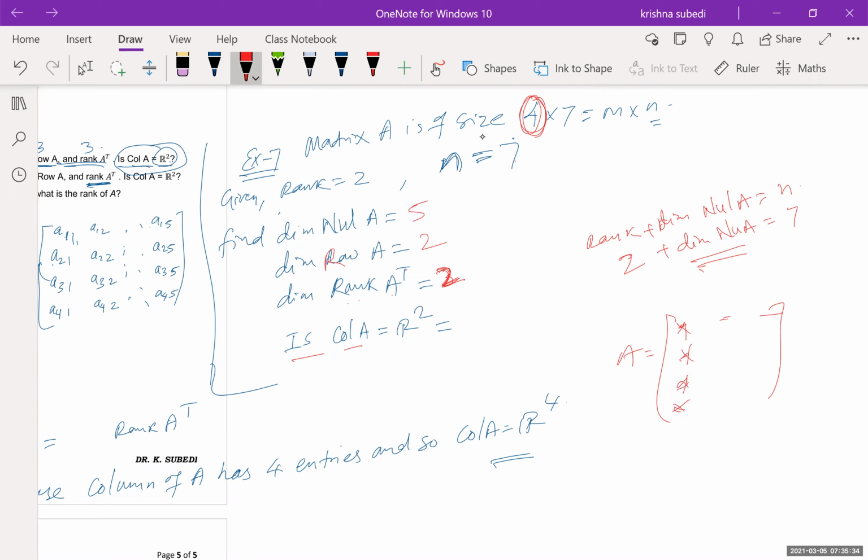Therefore, it cannot be. No. Column space of A is actually in R4, right? It belongs to R4. There are 4 entries.